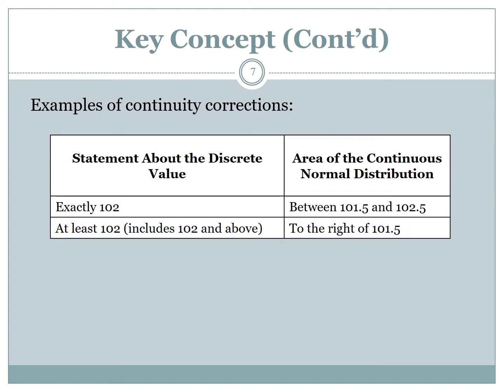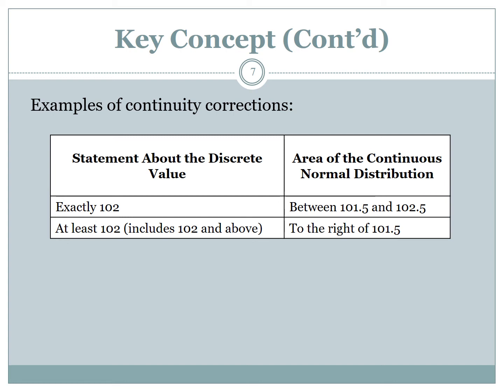So again, if we have exactly a number, such as 1 or 2, on the normal side, we would use an interval between 1.5 and 2.5. Let's look at at least 1 or 2. This includes 1 or 2 and above.